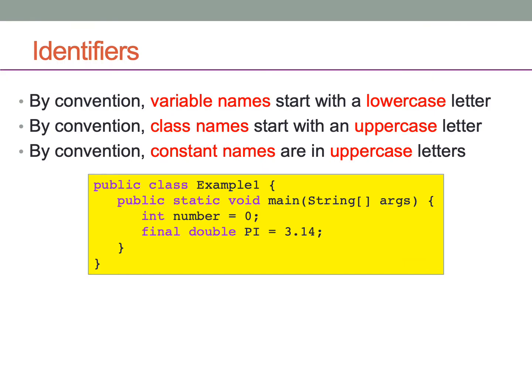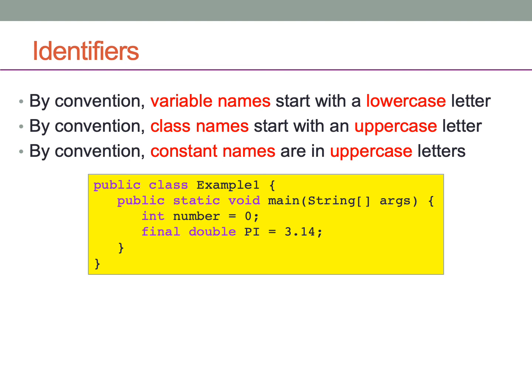By convention, variable names start with a lowercase letter. Class names start with an uppercase letter, and constant names are in uppercase letters. What is meant by that is, if we see this example of our code, we have our class name, which is called Example1, and we have it as an uppercase letter for the first letter.